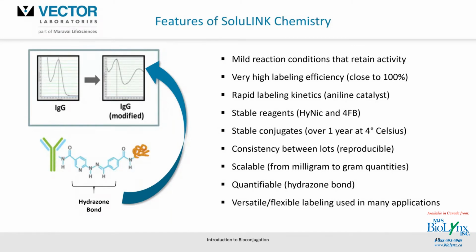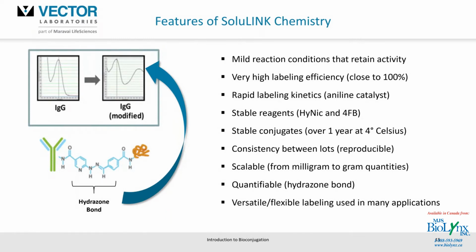Some of the binding gets very close to 100% in terms of its labeling efficiency. If you chose a linking methodology that only put a linkage on 10% of your biomolecule, you're obviously losing about 90% of your biomolecule, and that's going to flush down the sink.